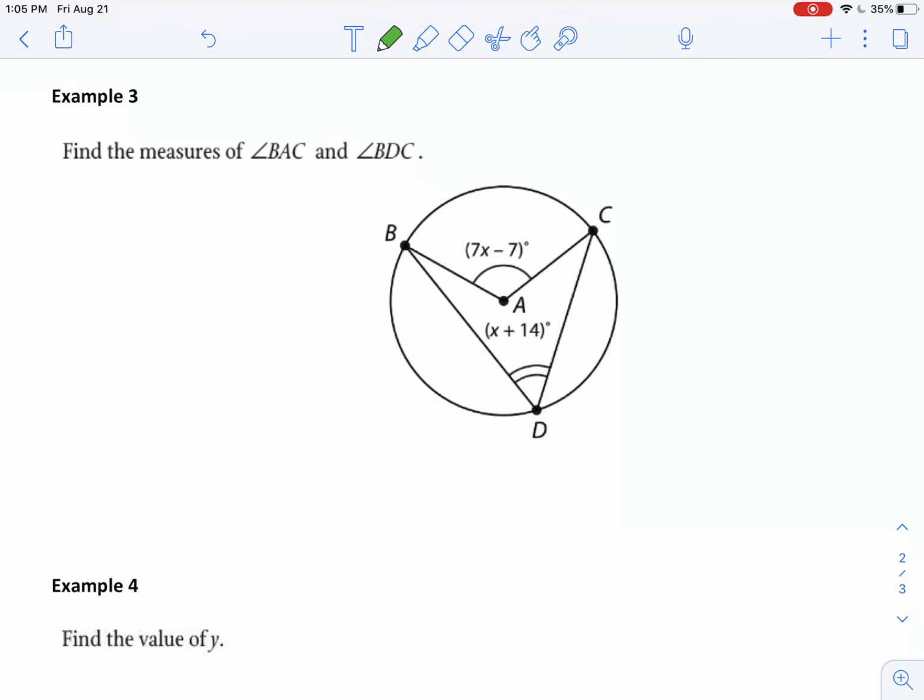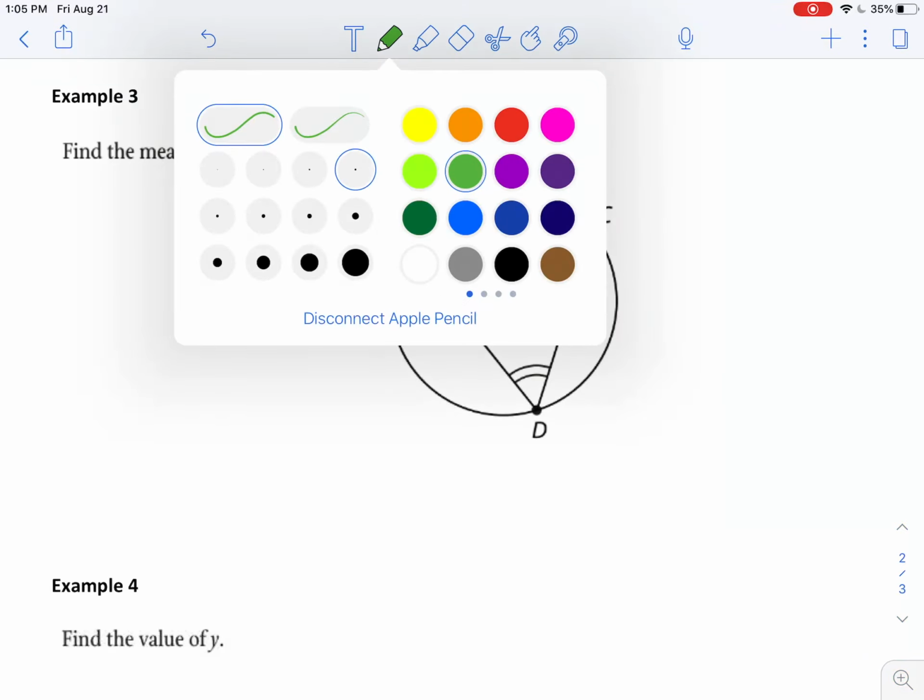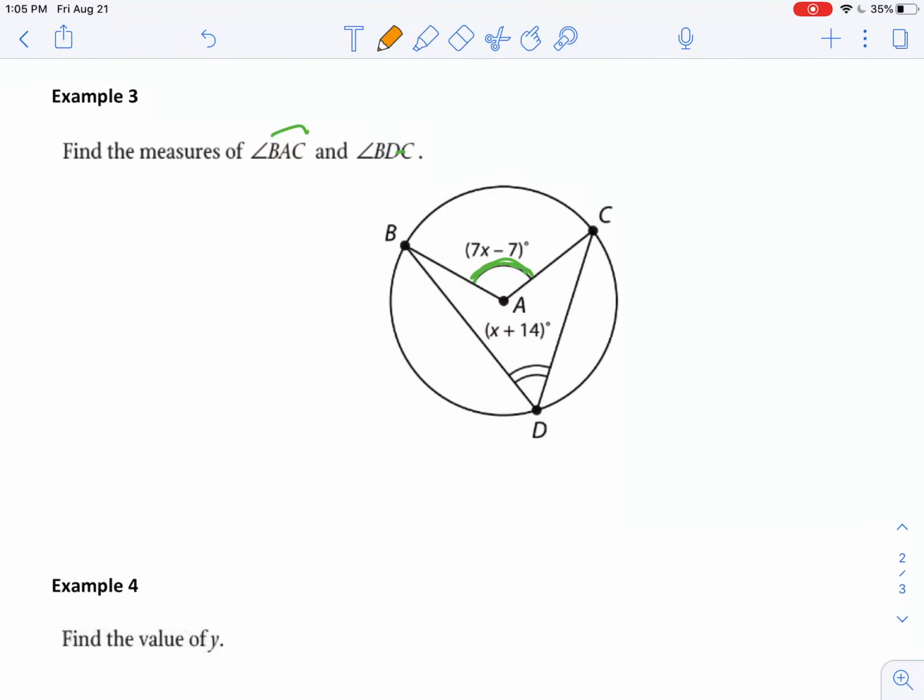Oh boy, all right, now we're combining basically what we did with the inscribed angle and central angles. So find the measures of angle BAC, so this, and BDC, this. Okay, well here's what I know.